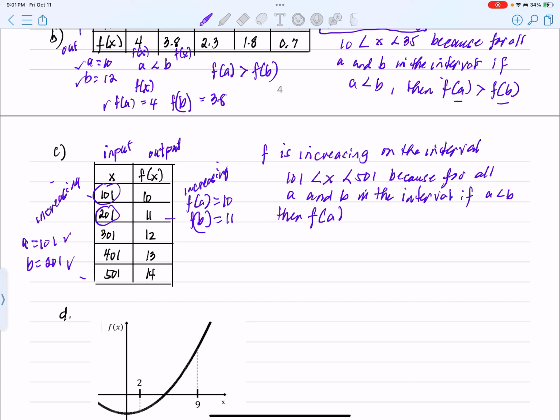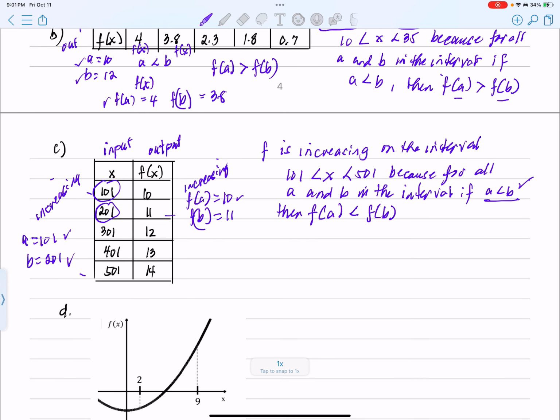That means the f of A is less than f of B. Okay? So both of them, our A is less than B, so our f of A is also less than f of B. That is our output value. Okay? Both are less than, from A to B.